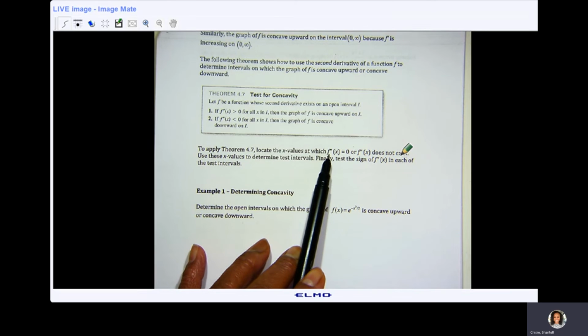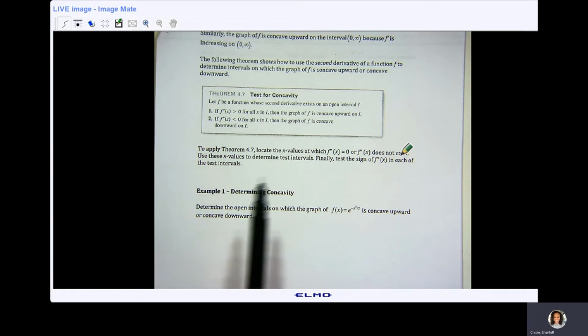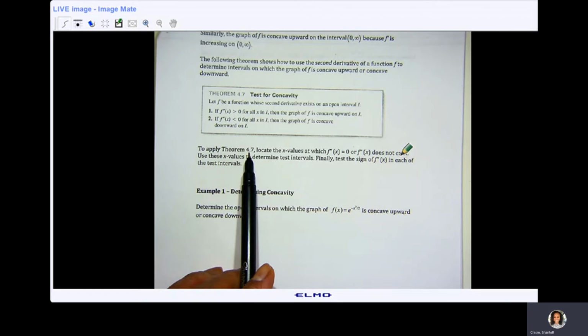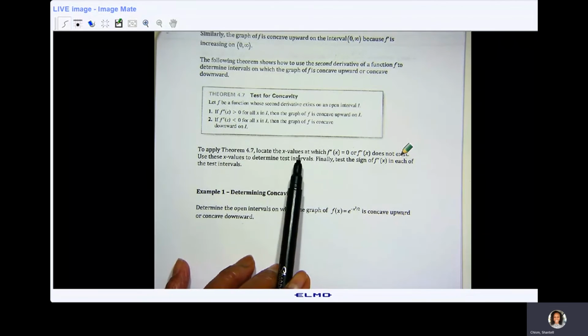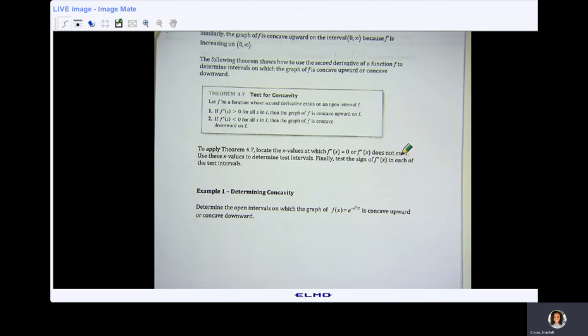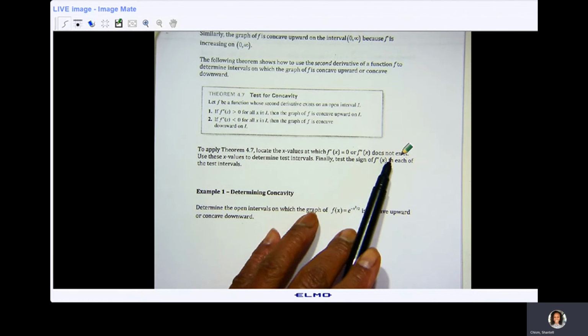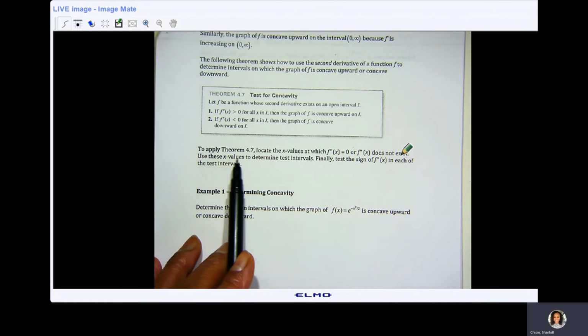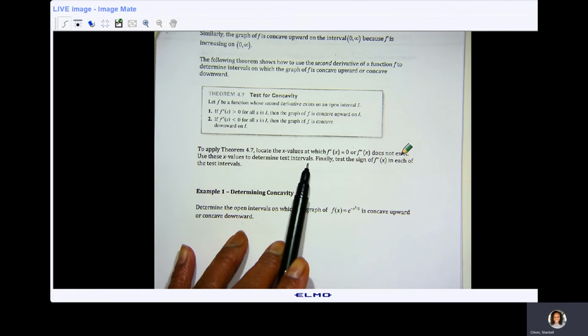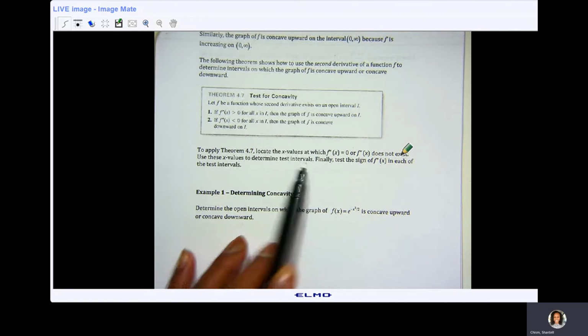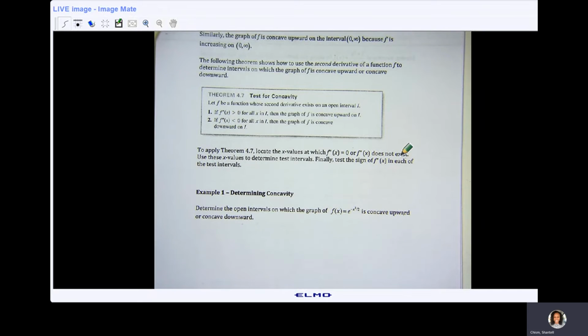To apply this theorem, we have to think about where the second derivative is equal to 0 and also where it does not exist. We will use those x values to determine test intervals, so we break up the number line into intervals similarly to how we use the first derivative test.